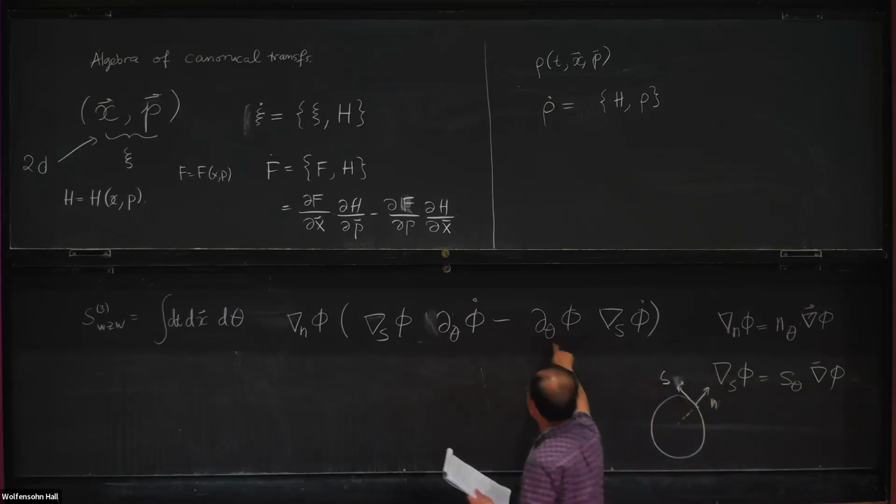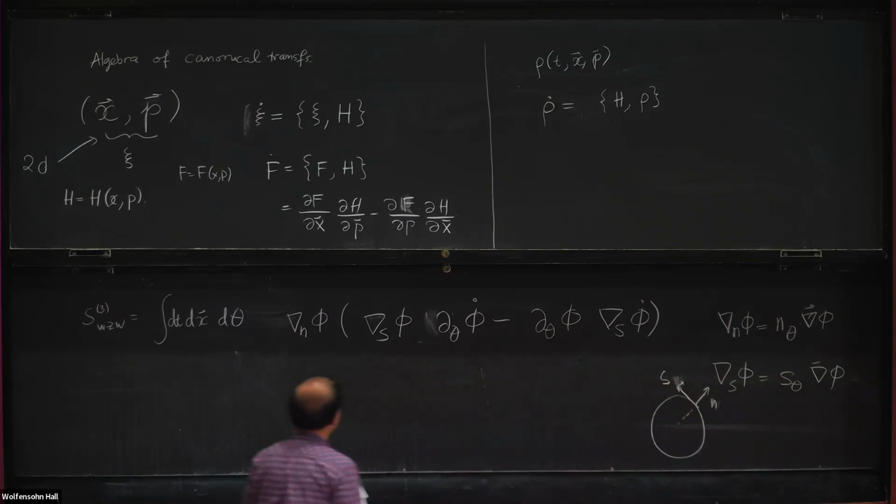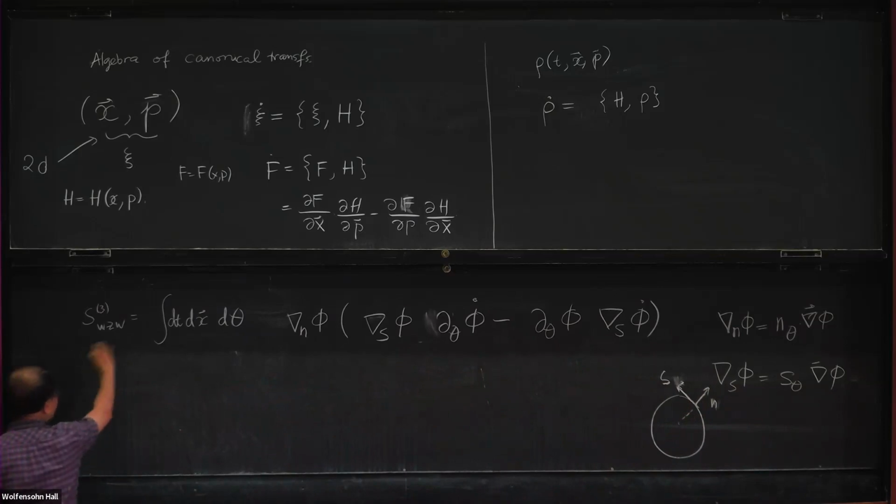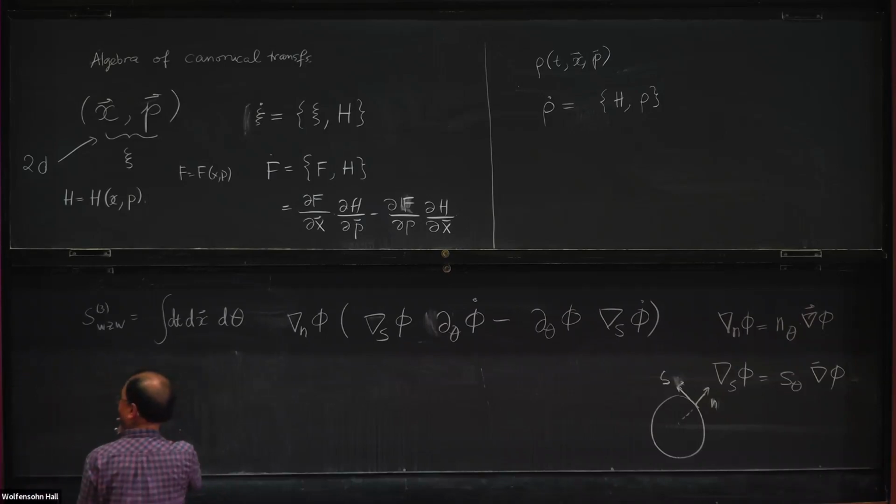And theta is the derivative over theta. So that is one term that we get by expanding the Wess-Zumino term. You see that it's cubic. There is also a contribution that comes from the Hamiltonian as well.